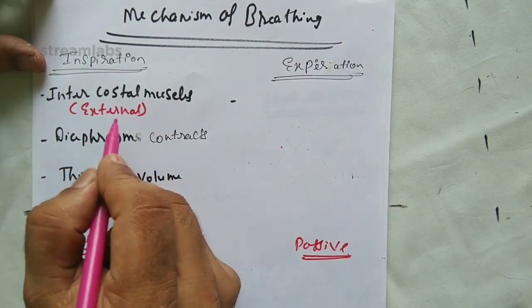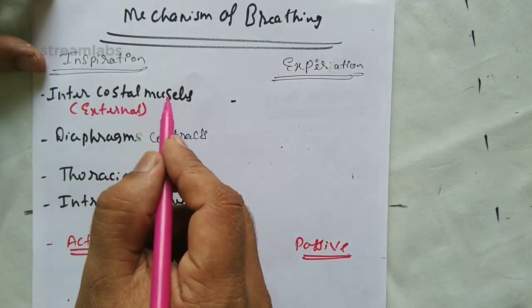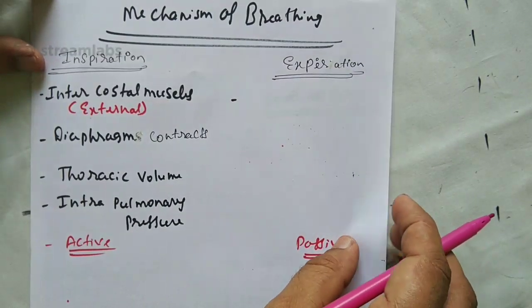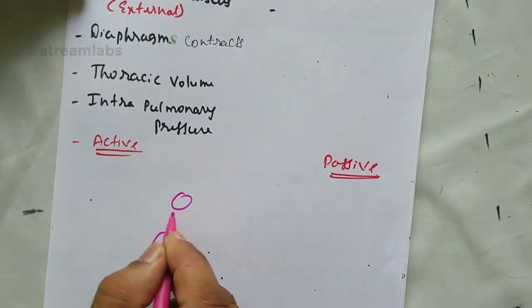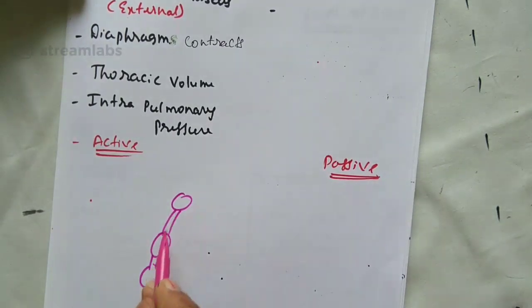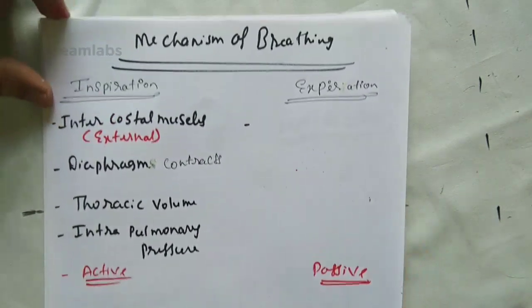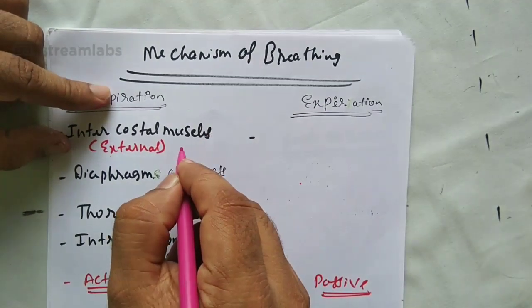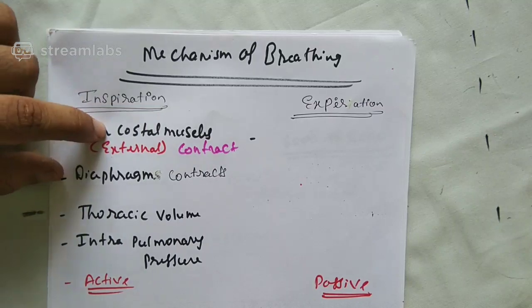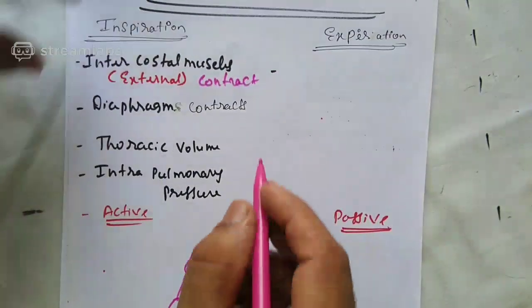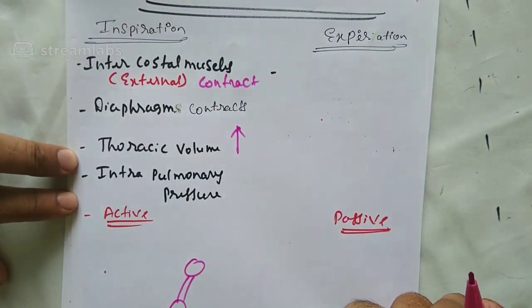Intercostal muscles, which one? External intercostal muscles, where are they present? If these are ribs, these are the intercostal muscles between the ribs. So the external intercostal muscles also get contracted. So the external intercostal muscles contract, the diaphragm contracts, so thoracic volume increases.